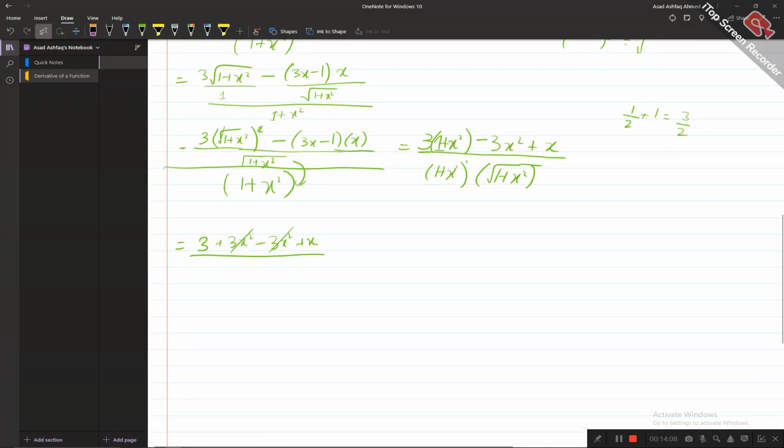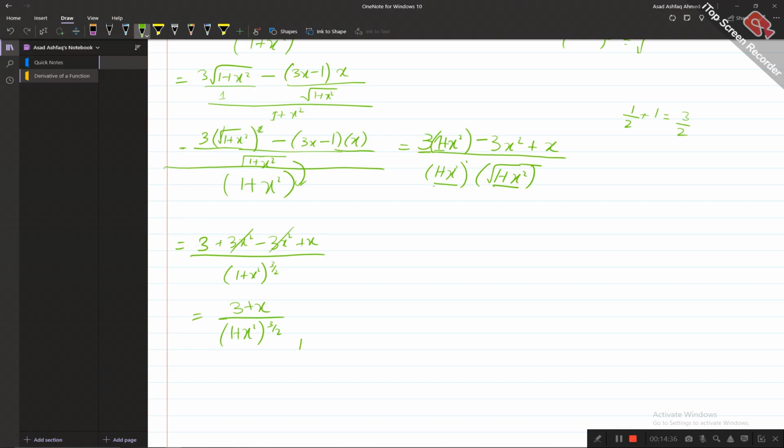So now in the denominator I will write 1 plus x square power 3 upon 2, because they both have the same base, 1 plus x square, so their powers can be added. Now it will be 3 plus x divided by 1 plus x square power 3 upon 2.